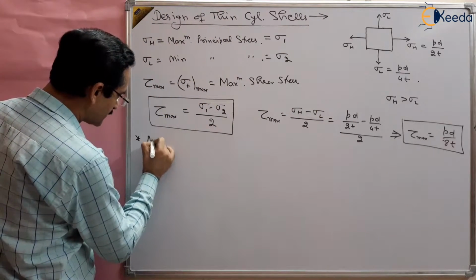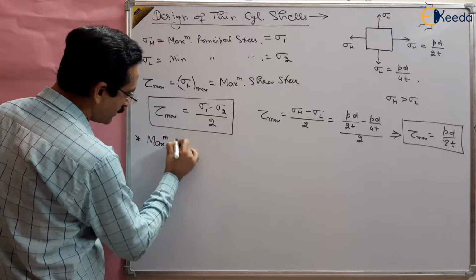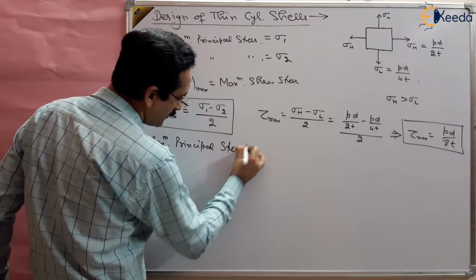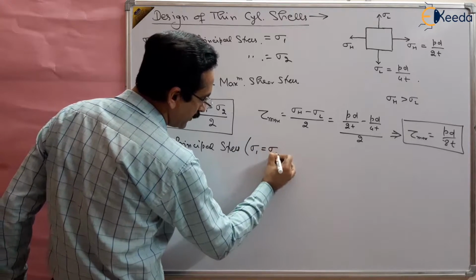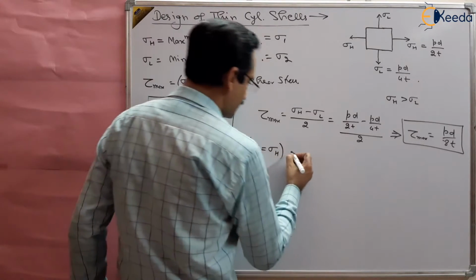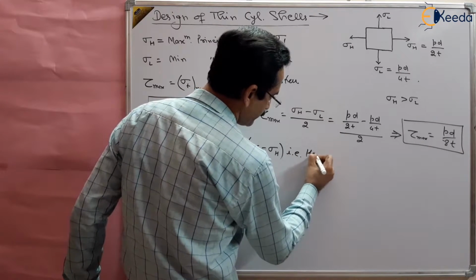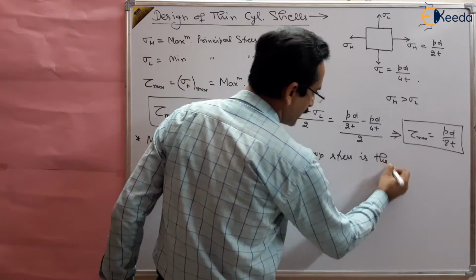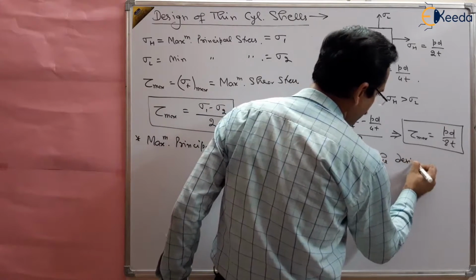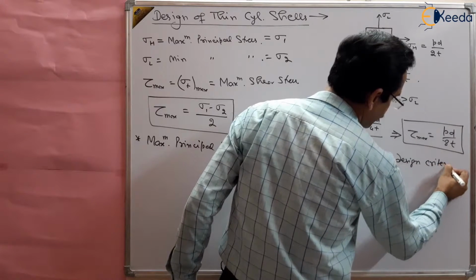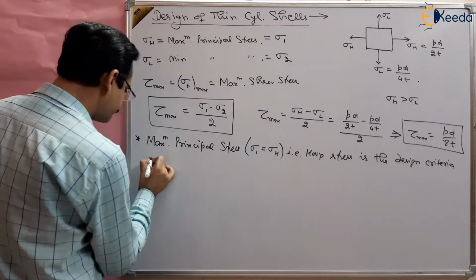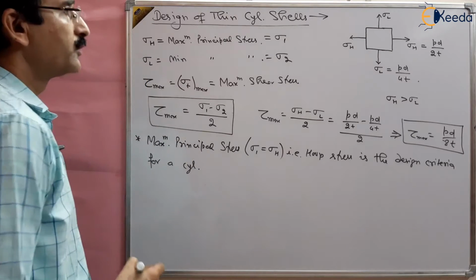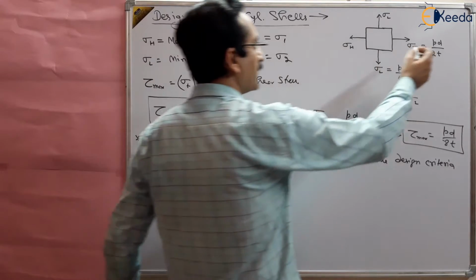So the maximum principal stress, which is denoted by sigma 1 and which here we are calling sigma h, that is hoop stress, is the design criterion for a cylinder, right? So the maximum stress should not exceed this limit.